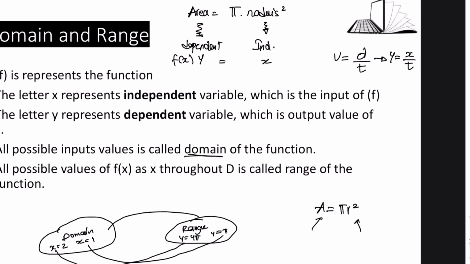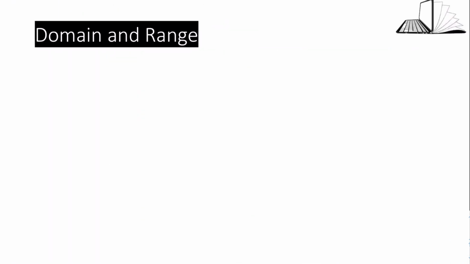Now how does this happen? Usually we have some functions where the domain can be, for example, y equals 3x. This is example 1. x can belong from minus infinity to plus infinity.